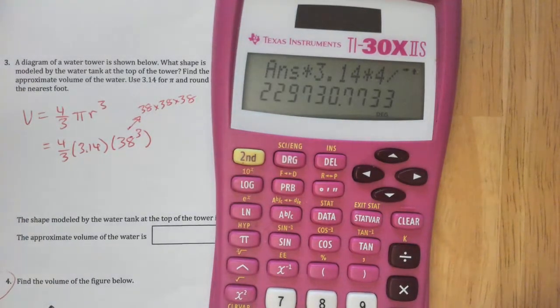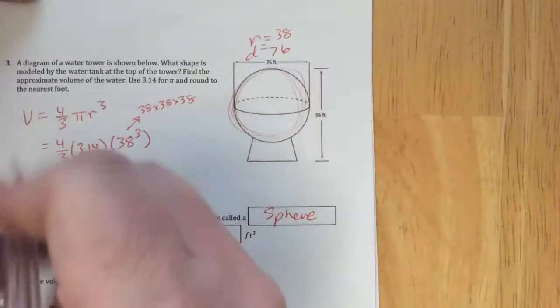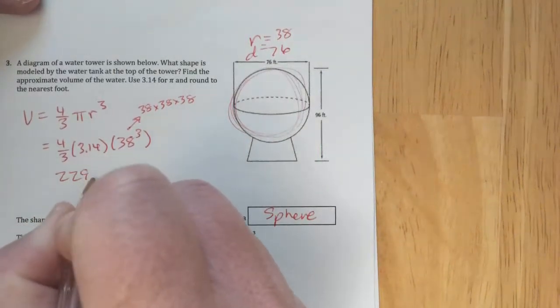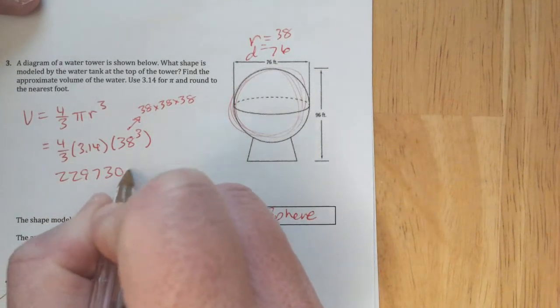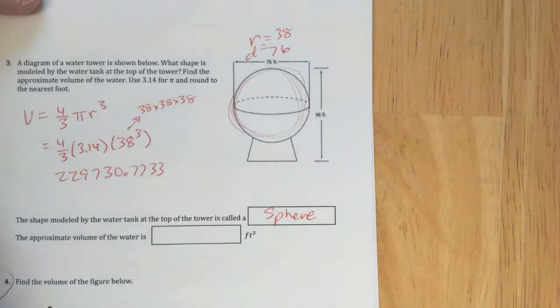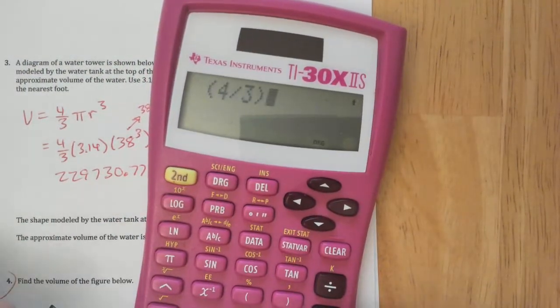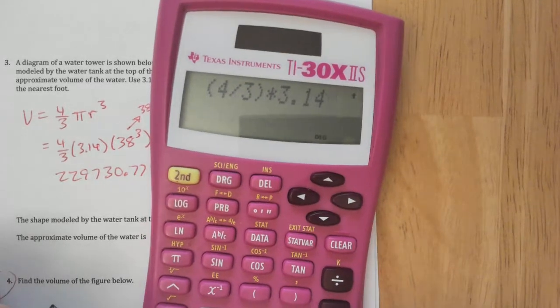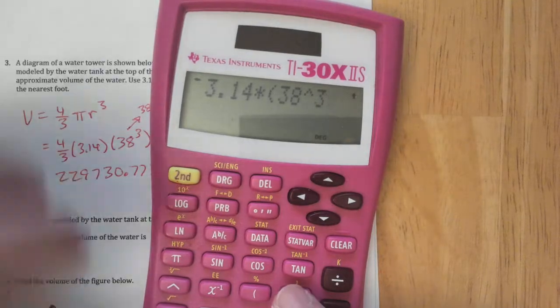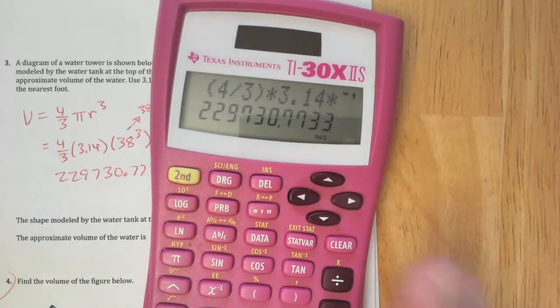So I kind of typed it in backwards. That's one way to do this. I got 229,730.7733. Another way we could have done that was parentheses 4 divided by 3, then times 3.14 times parentheses 38 to the power of 3. We still get the same number.